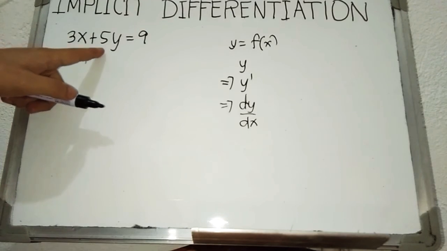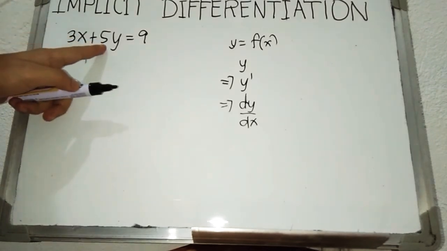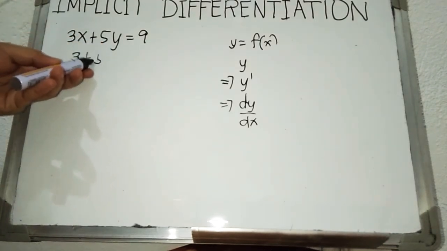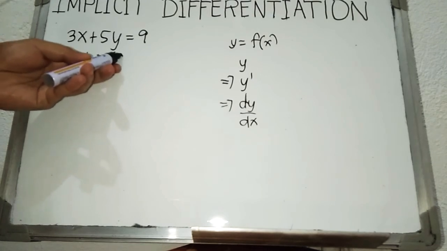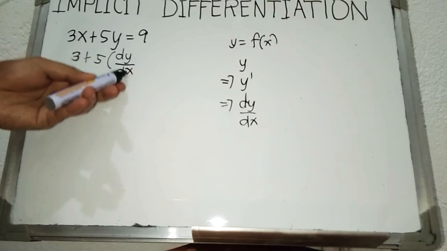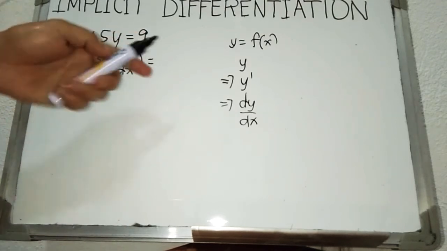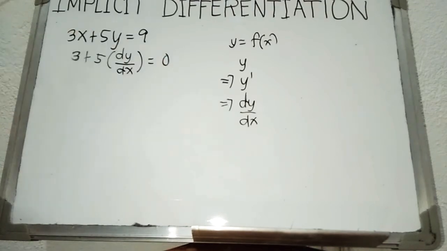Next is we are going to get the derivative of 5y. Now the derivative of 5y is just 5 times dy over dx. And the derivative of 9 is just 0.